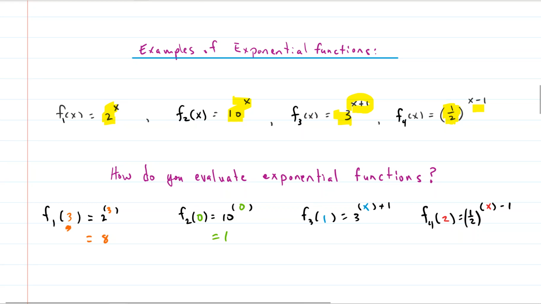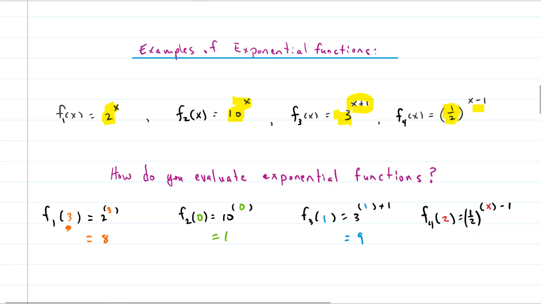How about f3? f3 is 3 to the x plus 1. Well, if we're going to evaluate it at 1, we need to put a 1 there. So 1 plus 1 is 2. 3 squared is 9. And how about f4? f4 is 1/2 raised to the x minus 1.